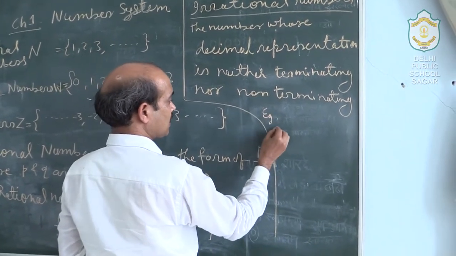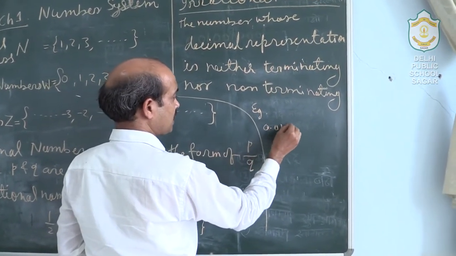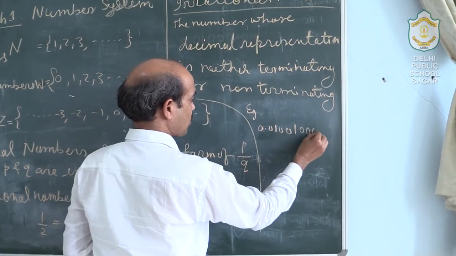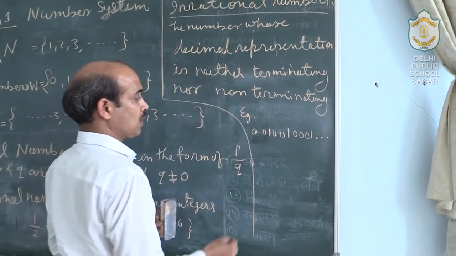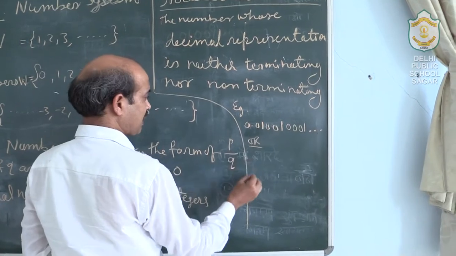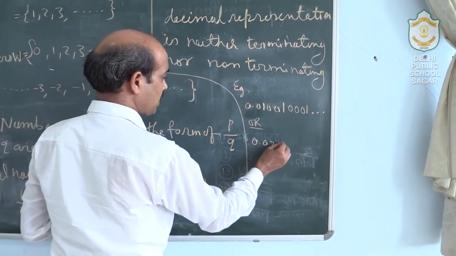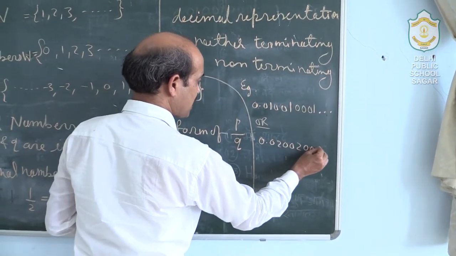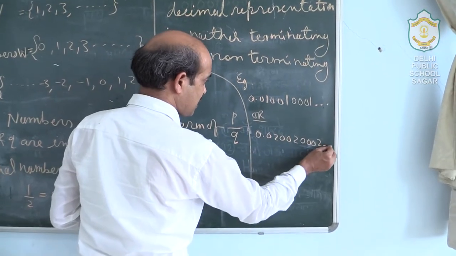Example 0.01, 001, 0001, and so on. Or another number is 0.02, 002, 0002, dash dash dash.